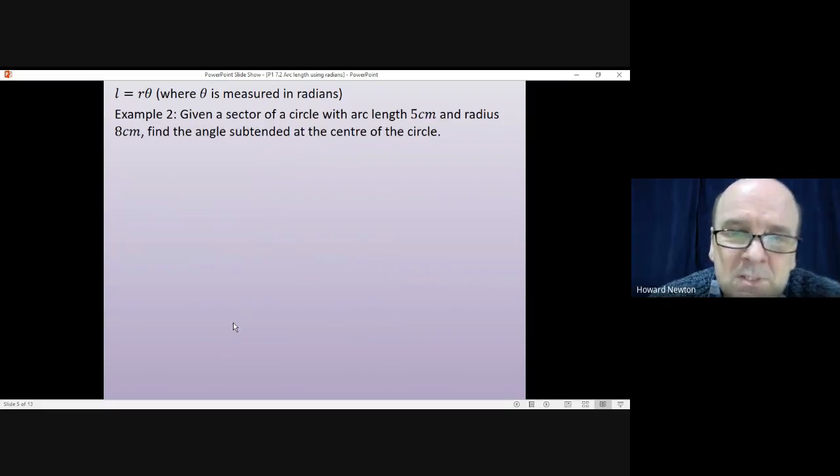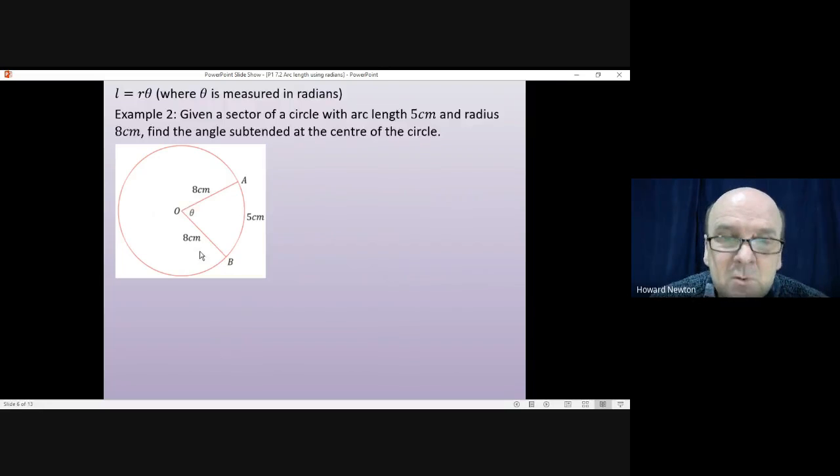I would always do a sketch on these questions, just because it normally doesn't take much time at all, and it does clarify things just in case there is any catch. In this question, there is no catch. We've got a circle with arc length 5, radius 8, and we've been asked to find the angle at the center. We are just using the formula in the normal way: L equals r theta.